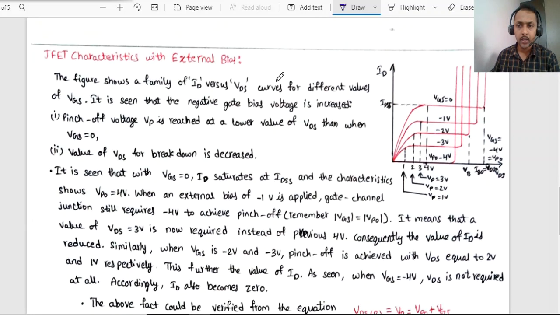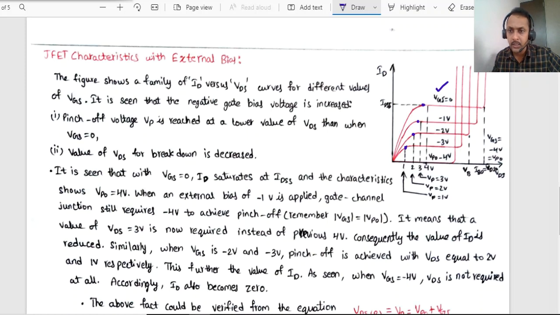That is the bias. Now in this figure, dear students, if you observe, the graph is plotted for different values of VGS. If you observe, the cutoff region and the pinch off voltages are changing. For different values of VGS, you can observe the pinch off voltage has changed.